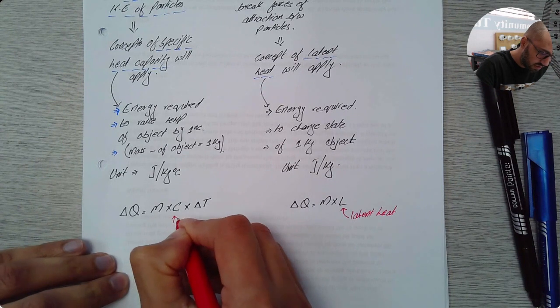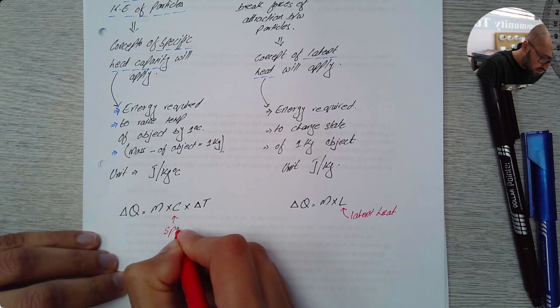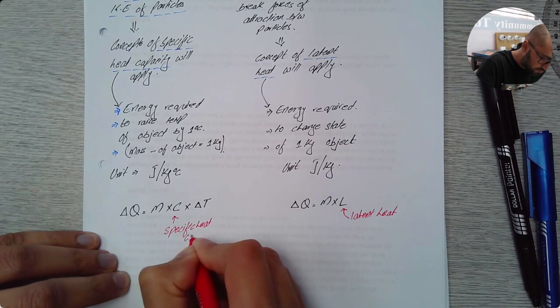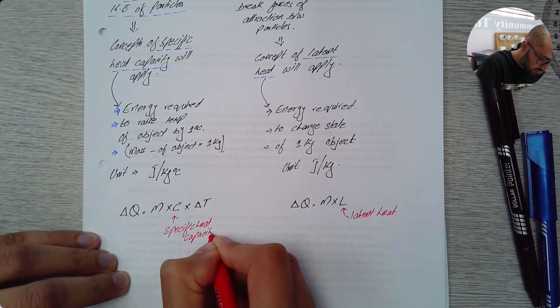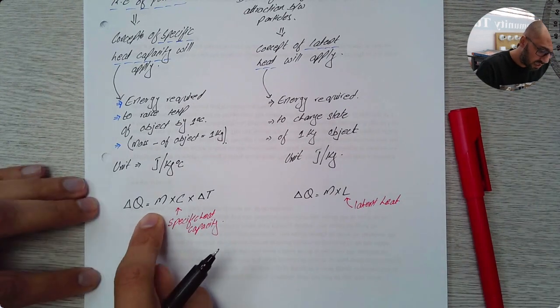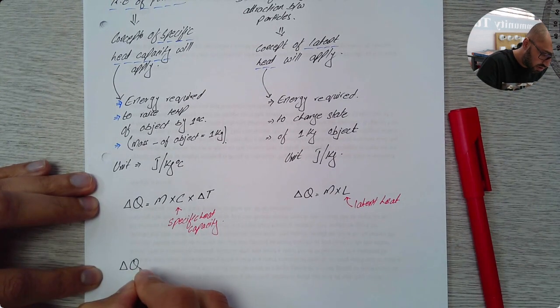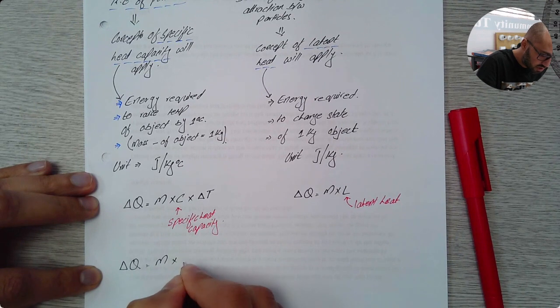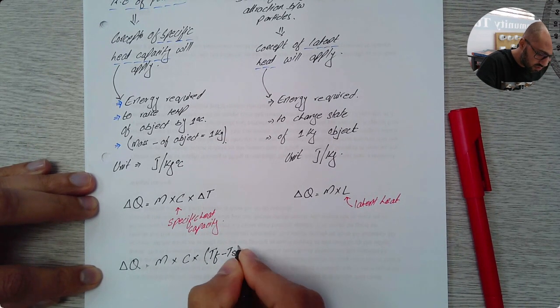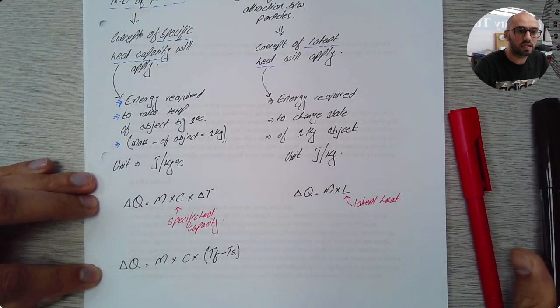Here C is my specific heat capacity. I can rewrite this equation in another format: energy supplied equals M times C times (T final take away T start). This is the final temperature, and this is my starting temperature.